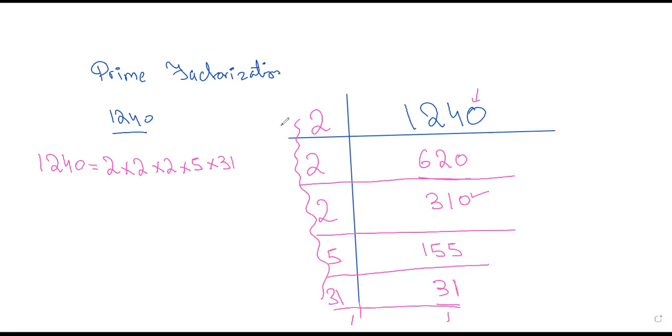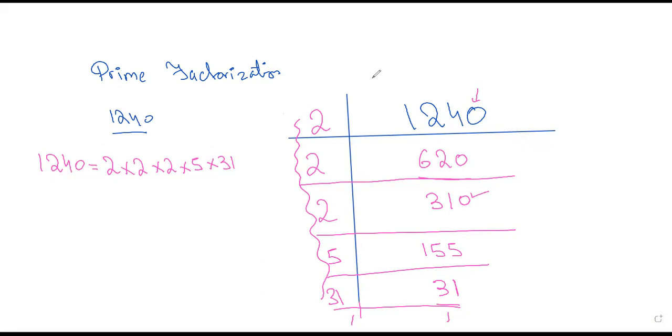Now you must be familiar with LCMs and HCFs, right? You must have been doing that. And now we are going to do that using the prime factorization. So let's do that.